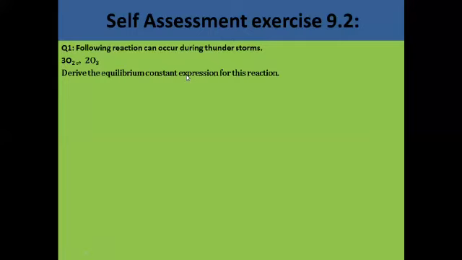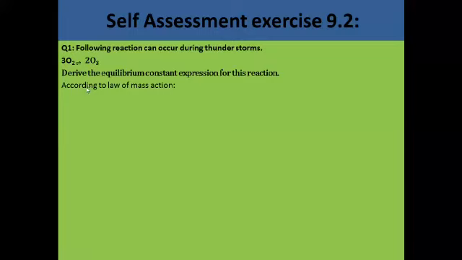But in this case, we have to find the equilibrium constant expression for this reversible reaction. By using the law of mass action, we can find the equilibrium constant expression for any type of reversible reaction. Let us derive it for this reversible reaction.